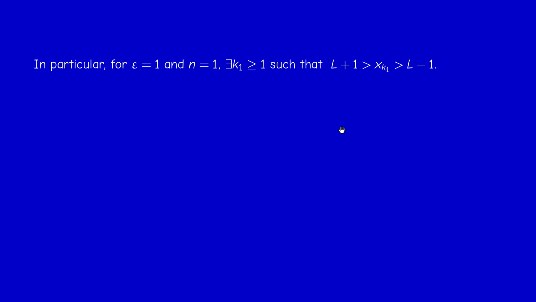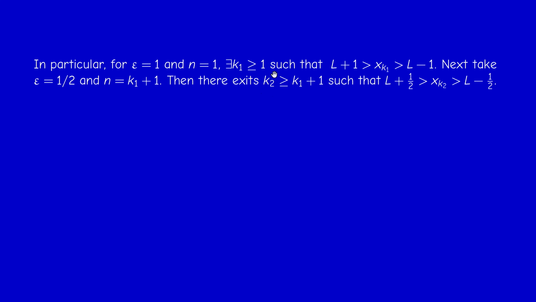And now take epsilon equal 1/2 and n in the previous condition to be k1 plus 1, because I need something strictly increasing. Therefore, there exists m that I call k2, bigger or equal than k1 plus 1, such that xk2 is between L minus 1/2 and L plus 1/2.